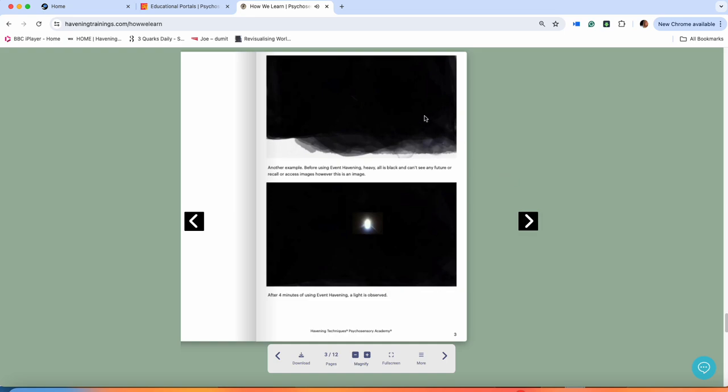So these are from an actual case. The client said that she couldn't visualize at all, everything was black, couldn't see any future or anything. After using some event havening, she noticed a light, really like a tunnel, a light at the end of the tunnel.